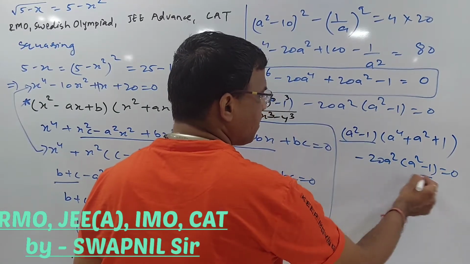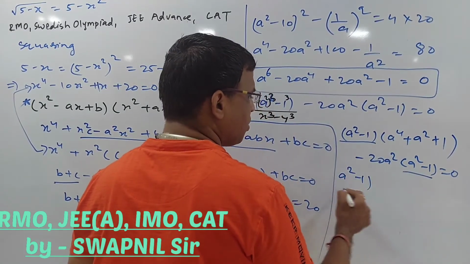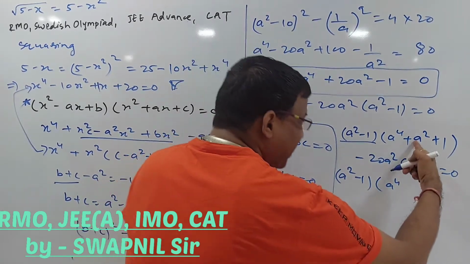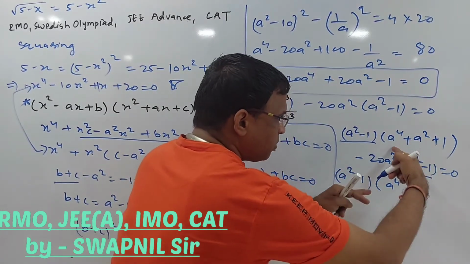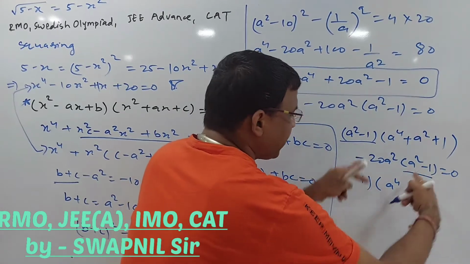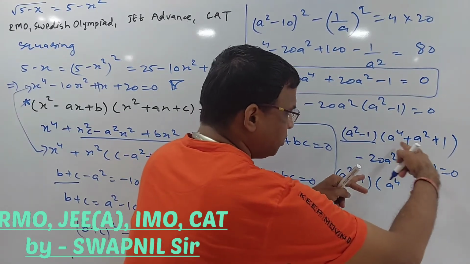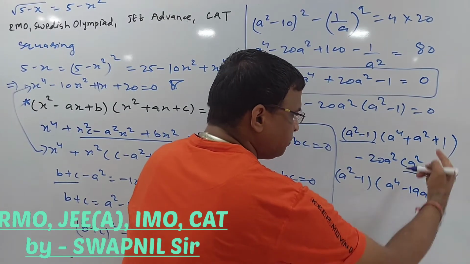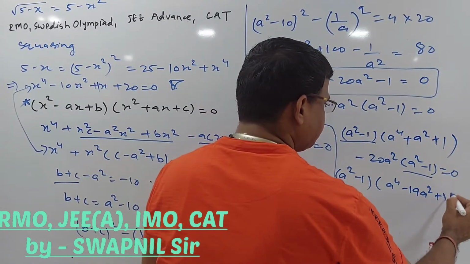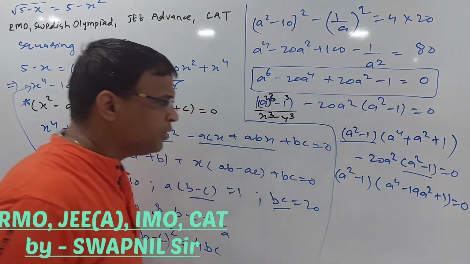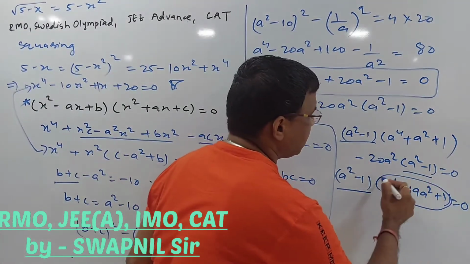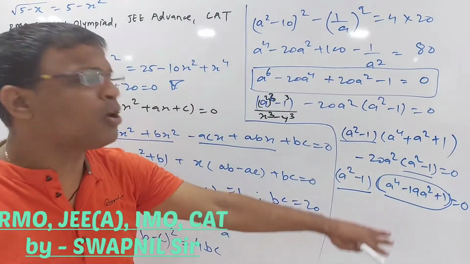So I can take a square minus 1 common, and then I have a power 4 plus a square minus 20 a square. After taking a square minus 1 common, a power 4 plus a square minus 20 a square is minus 19 a square and then plus 1. That is something I am getting. Now check out, this is something relevant for me and this is something I can solve using the quadratic formula.